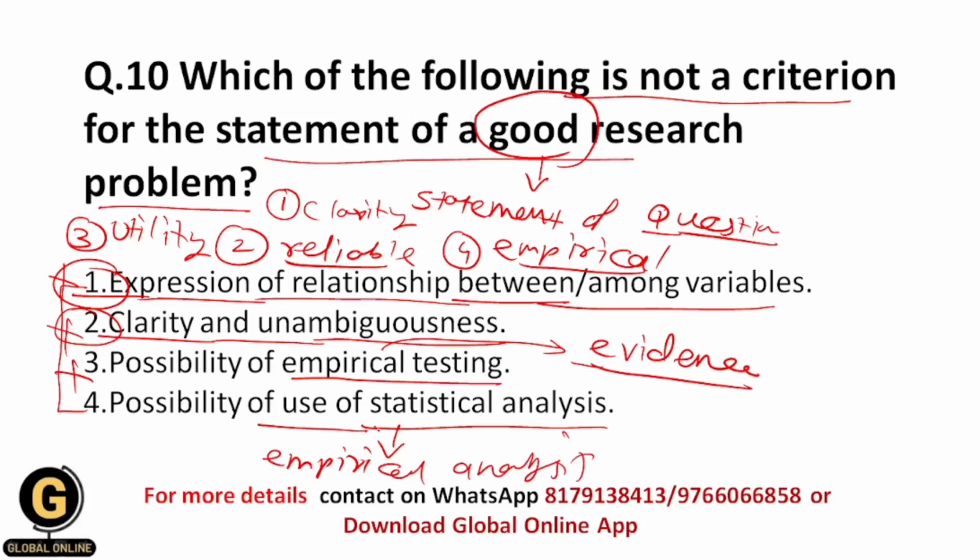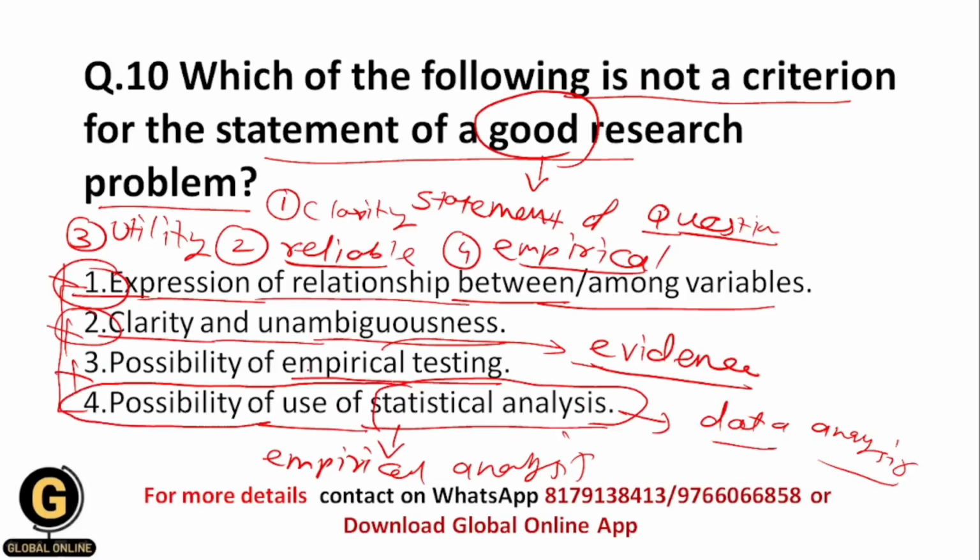Statistical analysis is there whenever there is data analysis, and for data analysis you are doing statistical analysis from the primary and secondary sources of data. So the possibility of use of statistical analysis is not a criterion for the statement of a good research problem. So this is the correct answer.